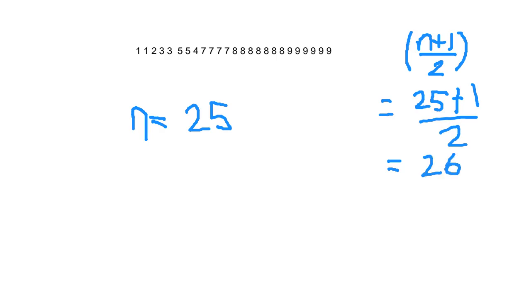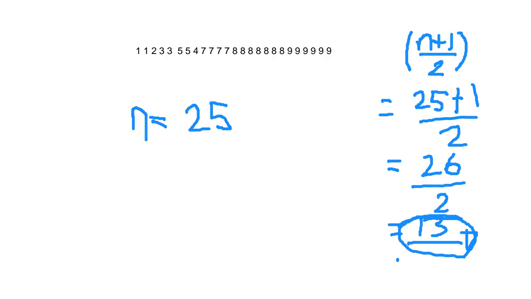I will not judge you if you needed a calculator for that. Anxiety is real. Okay, over 2. And what is 26 divided by 2? 13. Okay, so this does not mean that this is the median. 13 is not the median. Obviously, we don't even have 13 on here, but that just happens to be that way. It is the position where you'll find the median.